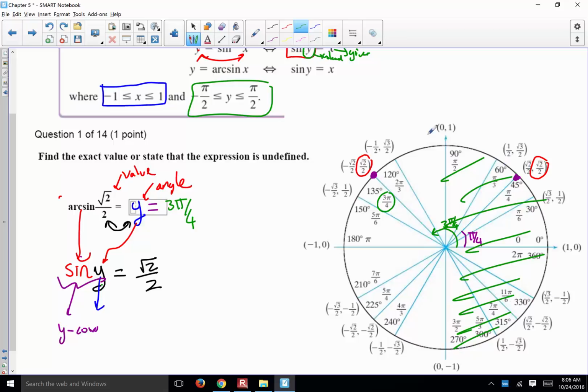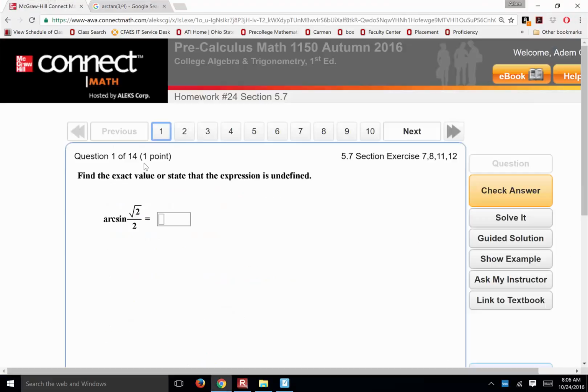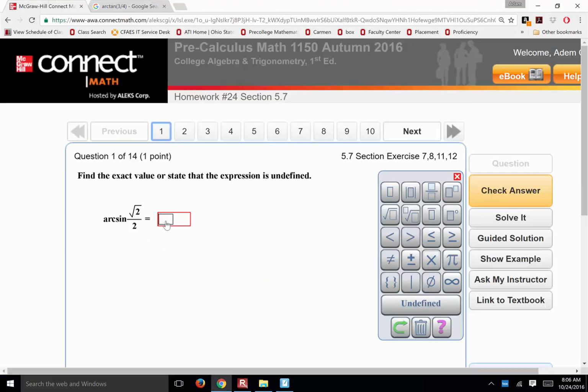Minus 90 to positive 90. Ignore the left side. So the right answer is not 3 pi over 4, but is pi over 4. Okay? So we will go ahead and enter here pi over 4.